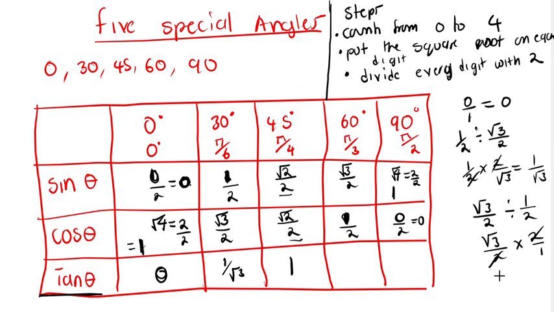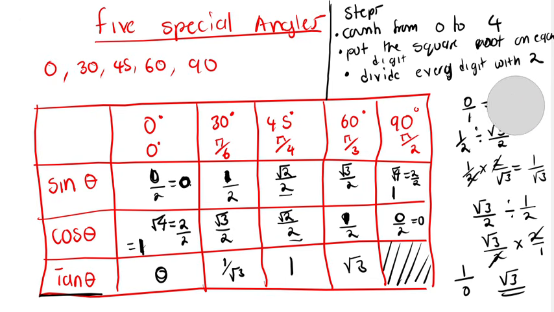So this and that go, then I'll have root of 3. Then when I divide 1 divided by 0, that is undefined. So you leave out this box. In short, we don't have tan 90.